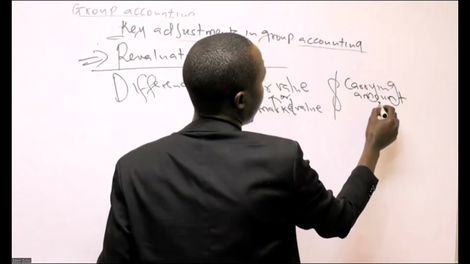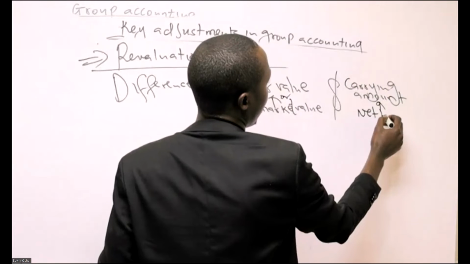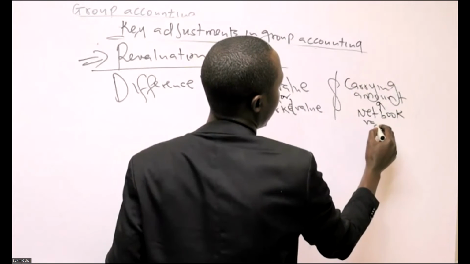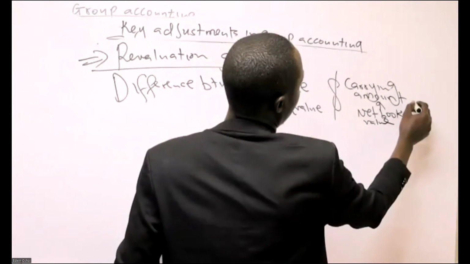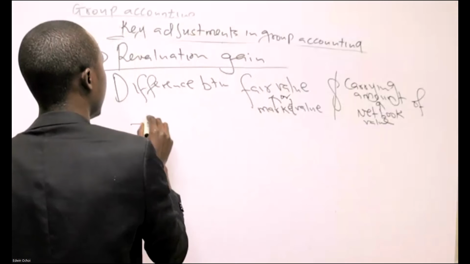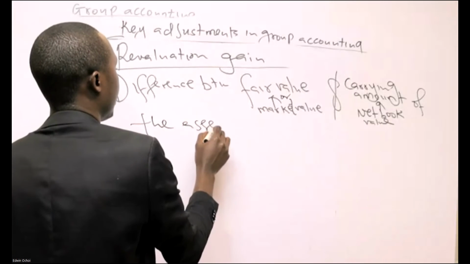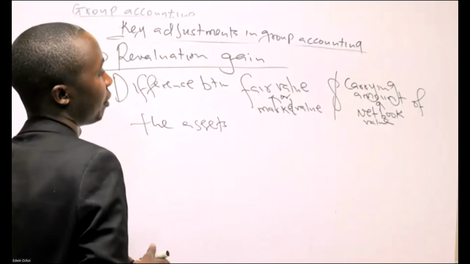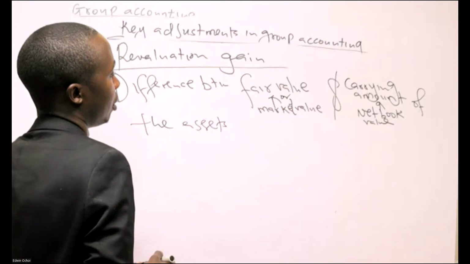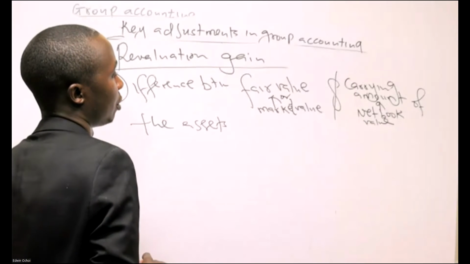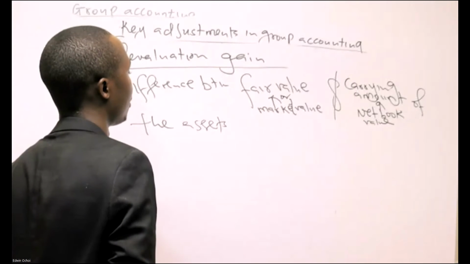Carrying amount is called what? The net book value of the assets. So the difference between the fair value or market value and the carrying amount or net book value of the assets.